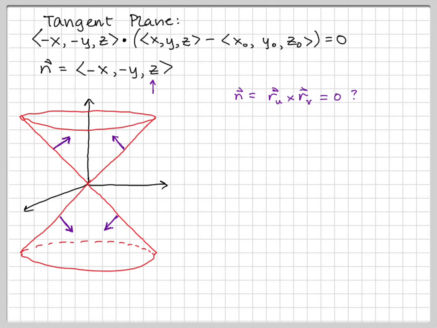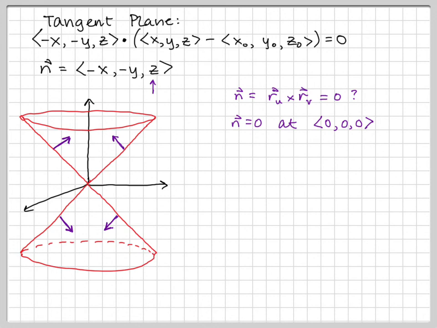And there is a point there. If x, y, and z are all 0, then the normal vector is 0. So what is going on at this point 0, 0, 0?